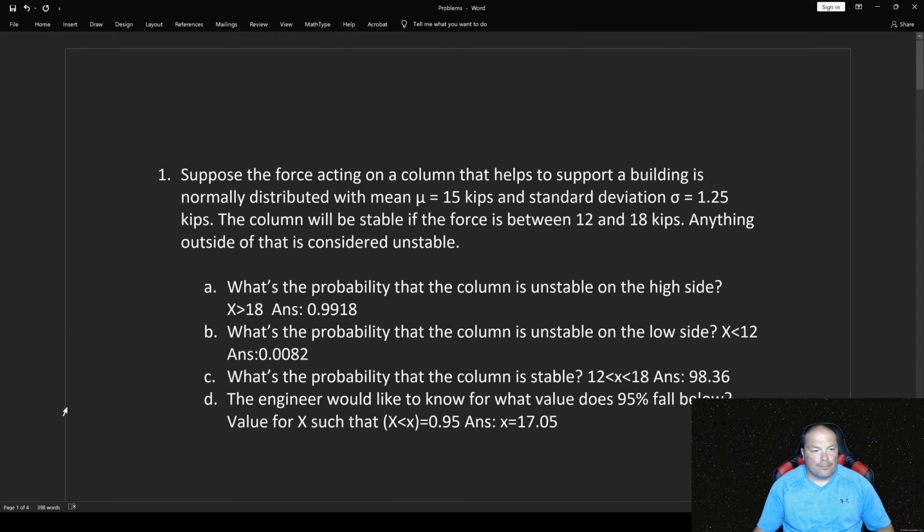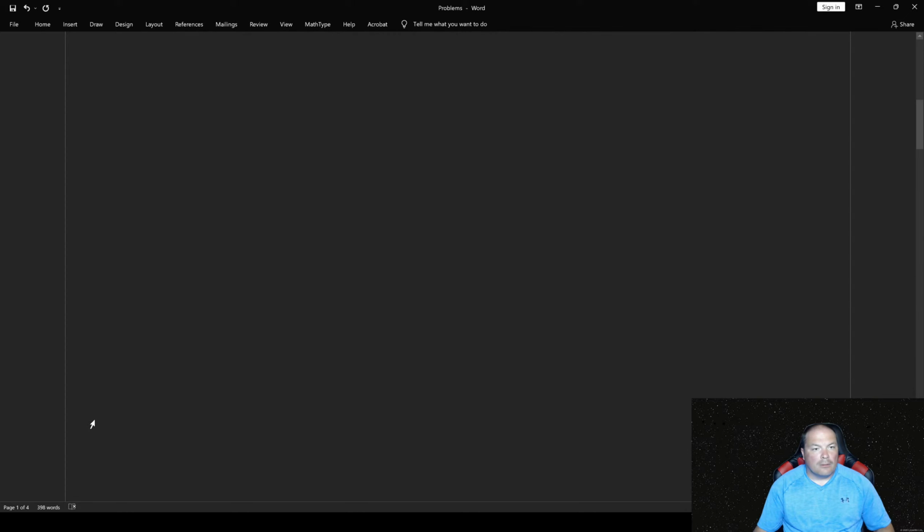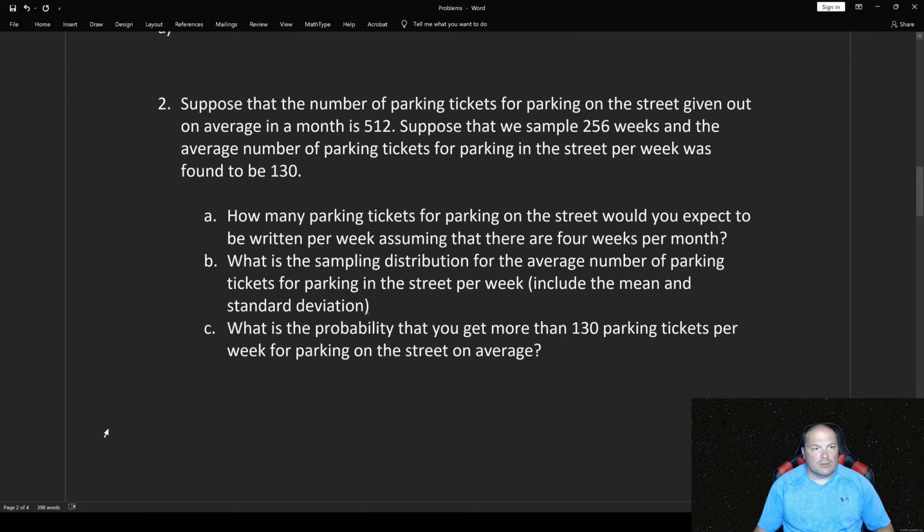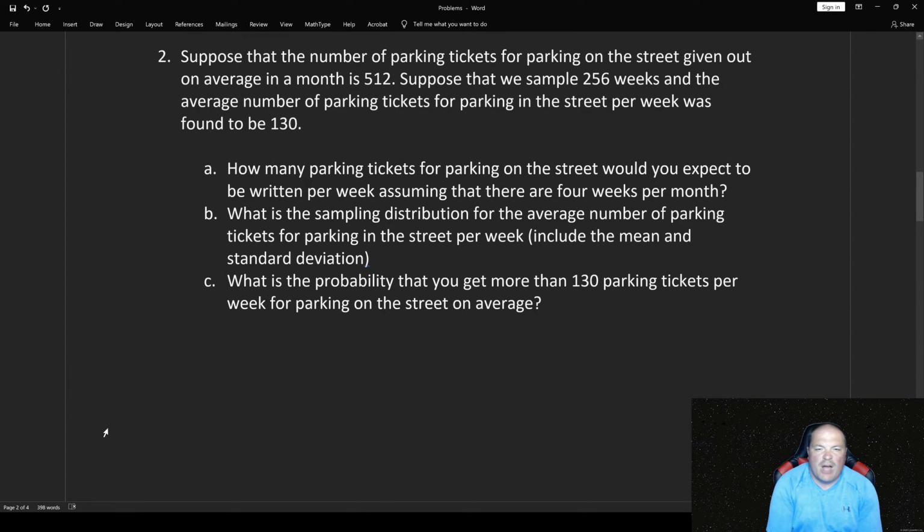Anybody any questions about that normal distribution type problem? The key to doing those kinds of problems is you have to be able to convert between the z value and the probability, and you have to understand when you're looking for which.